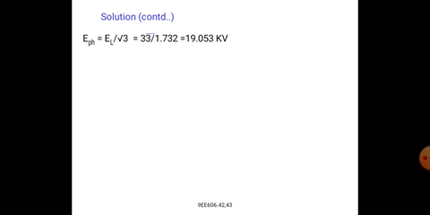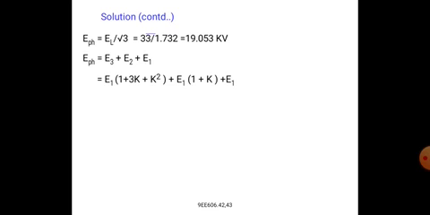So phase voltage E phase is equal to EL by root 3. EL is nothing but 33 kV. So 33 kV by root 3 is 19.053 kV. E phase is equal to E1 plus E2 plus E3.